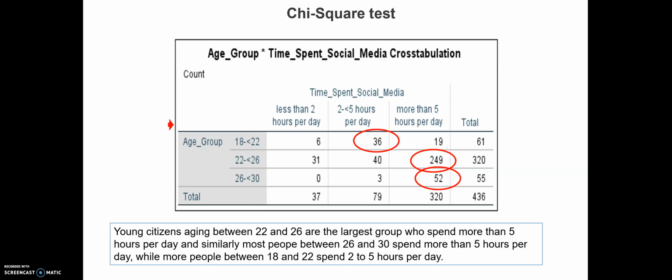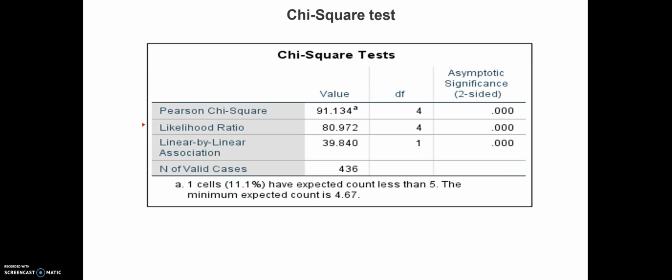And I think for the chi-square test, the second table is much more important because it reports whether our analysis is significant or not, or whether there is a significant relationship between the two variables. Okay, so for this table we should look at our SIG value or p-value.